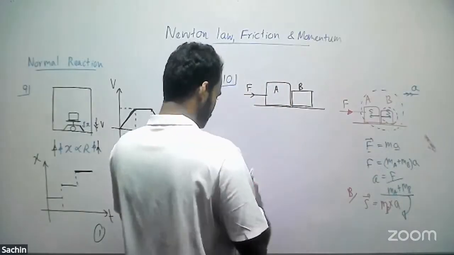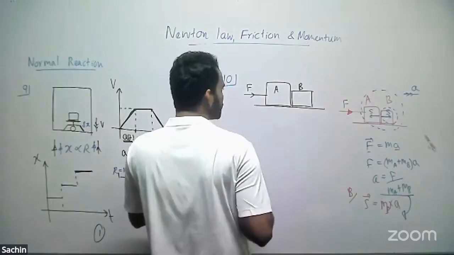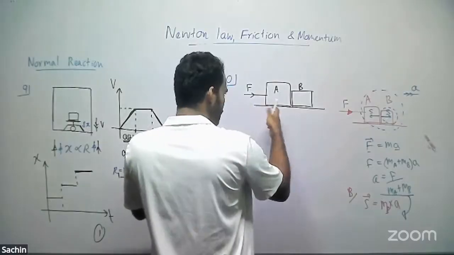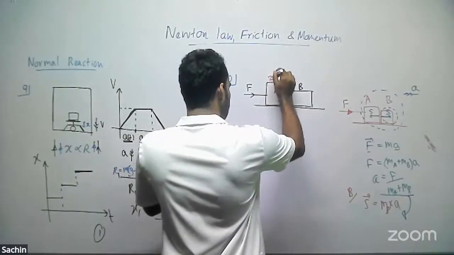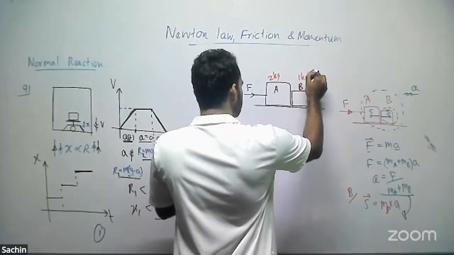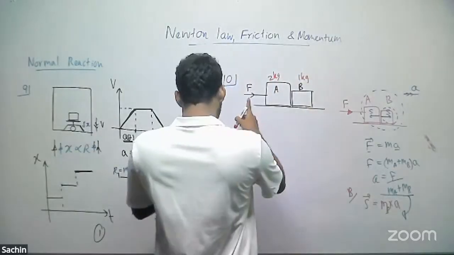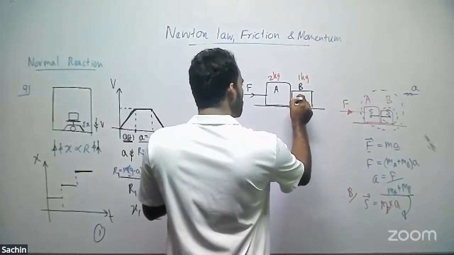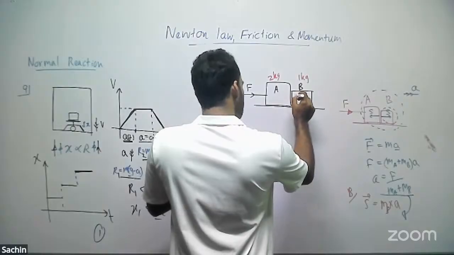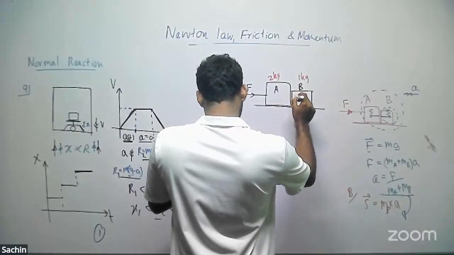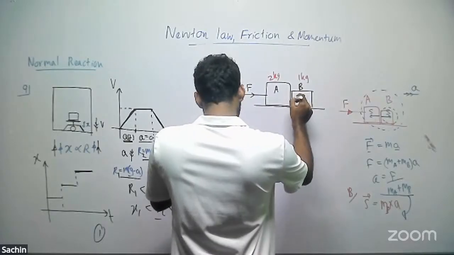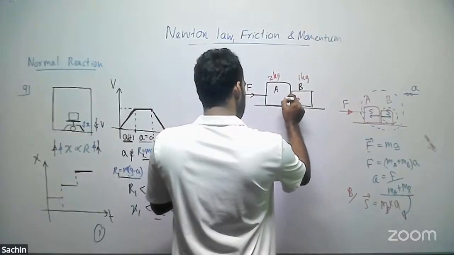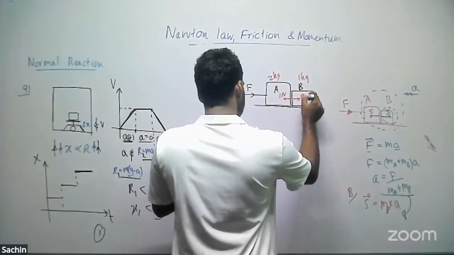That's the normal procedure of calculating internal forces. Here it is similar. If a force is given to A, the masses are given as 2 kilogram and 1 kilogram. So when the force is applied on A, there is a reaction between these two, the force on B. The reaction is given as 1 Newton.